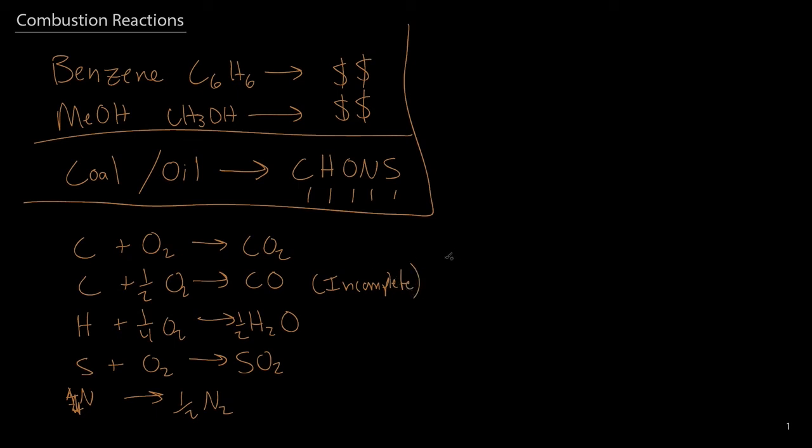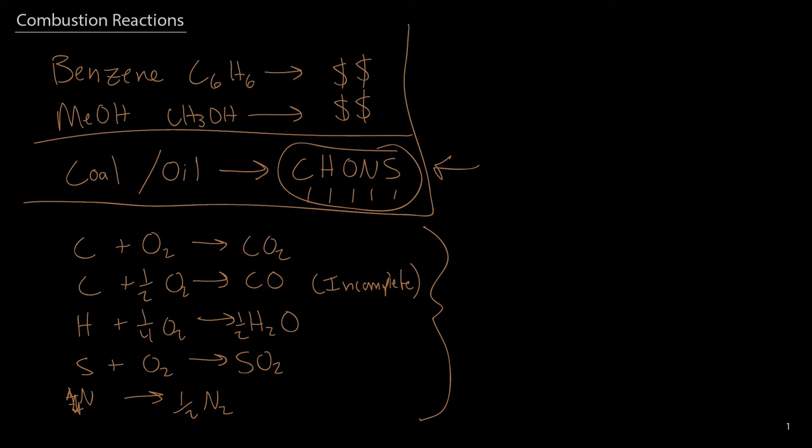So the combustion reactions are just this set of reactions here. So when you're provided a material where you don't know the exact molecular structure or molecular formula, you can use the relative abundance of these elements here to balance out the chemical reactions.